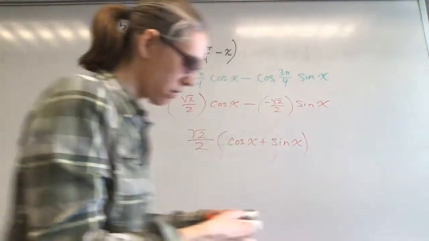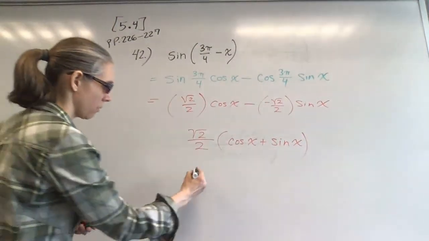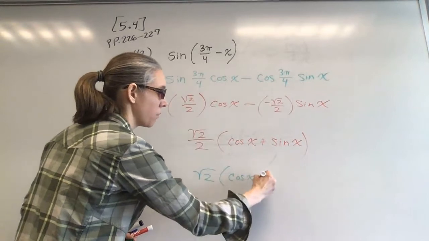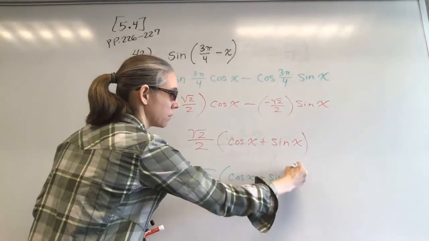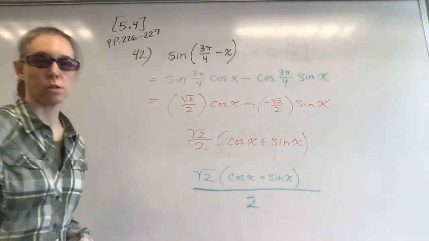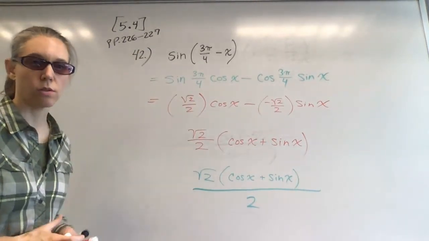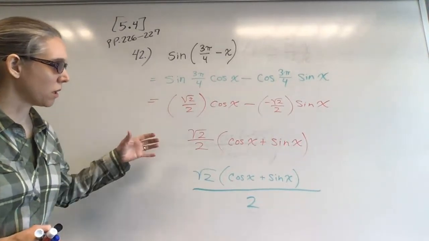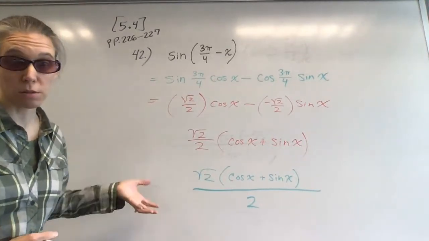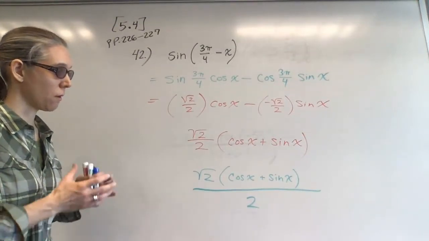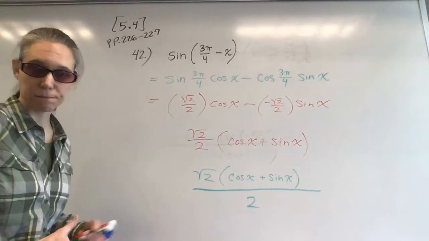Okay. That's another way of writing it. They wrote it like this: root 2 times the cosine of x plus the sine of x, all over 2. Of course, these are equivalent, two different ways of writing it. Either way is fine. Ultimately, we just simplified as much as possible, and that's the goal of the problem, just to get everything in terms of cosine x and sine x.